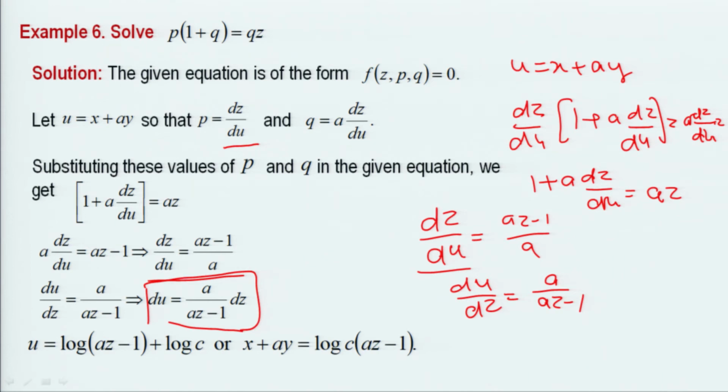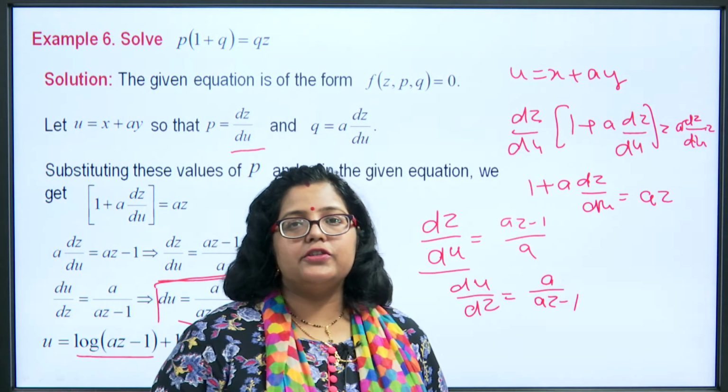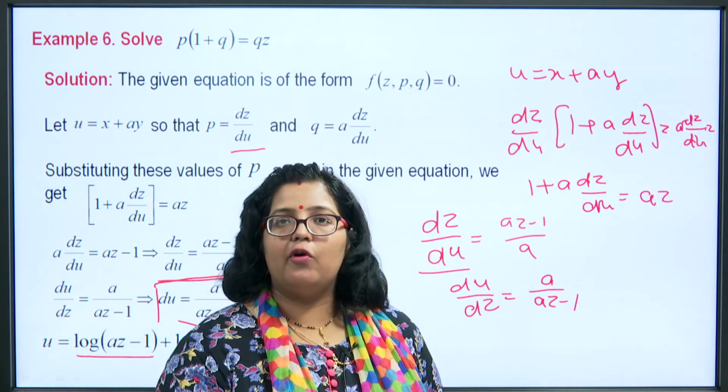Integrating, we get u = log(az - 1) + log c, where c is an arbitrary constant. This is written as x + ay = log c(az - 1). We again see here there are two arbitrary constants a and c, and two independent variables x and y. And we go to the last, type fourth.